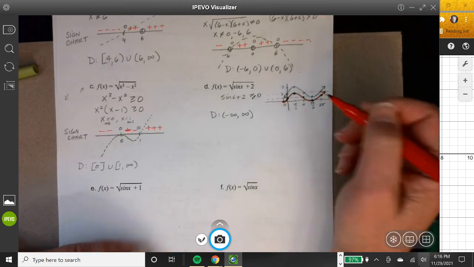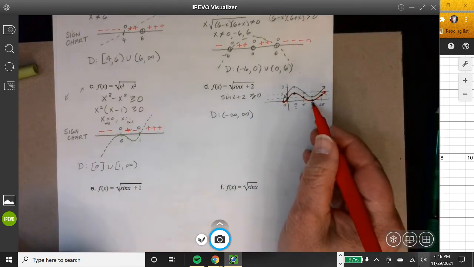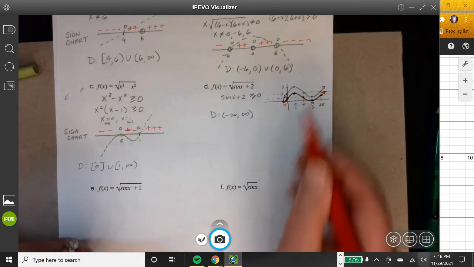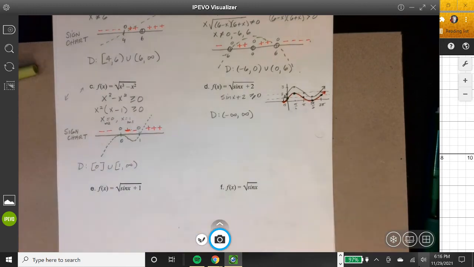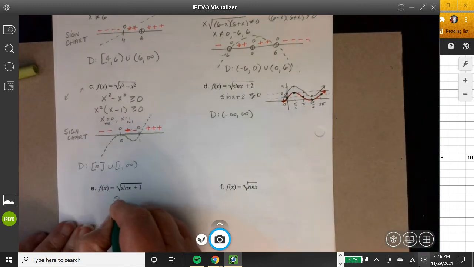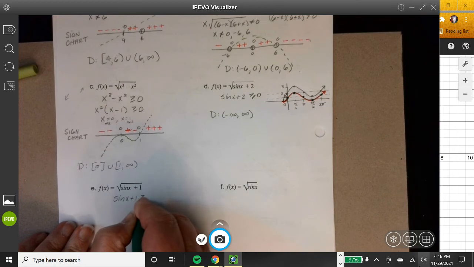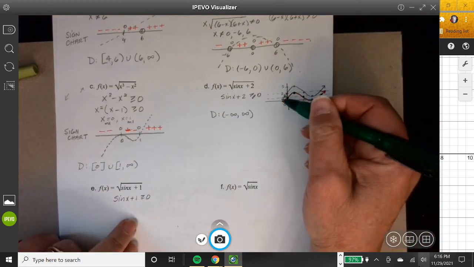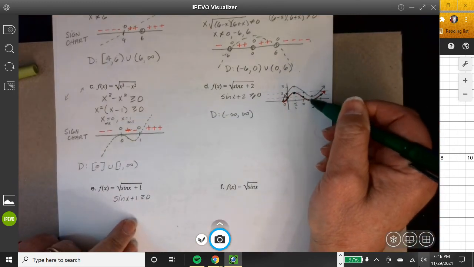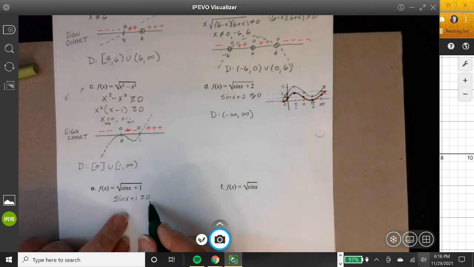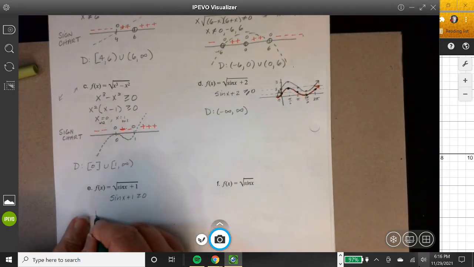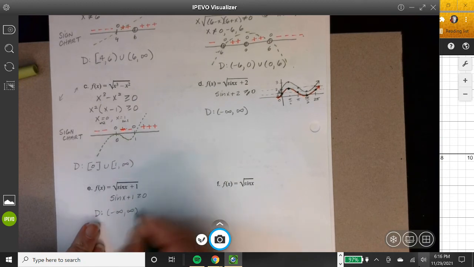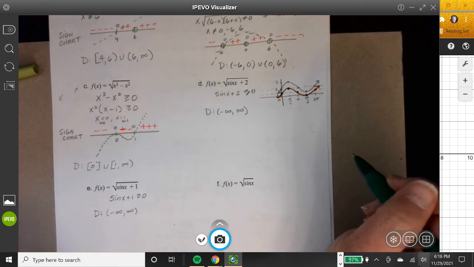And this goes back up, okay? So all the y values on this, so I would say sine x plus 1 has to be greater than or equal to 0. Well, this curve never goes below the x-axis. It hits the x-axis a couple of times. So this one's domain is all real numbers also, because it's always greater than or equal to 0, okay?